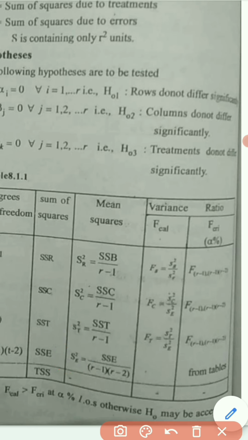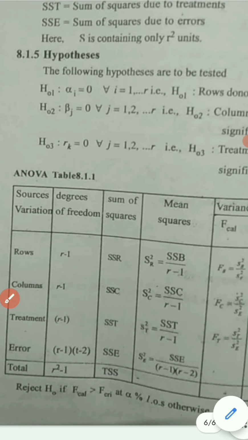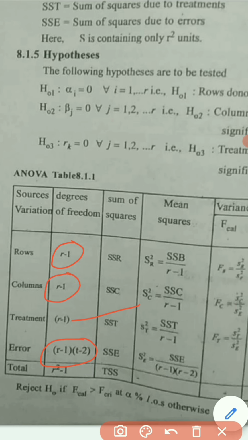Now, students, for the F critical value, it will be F of row degrees of freedom, comma, error degrees of freedom. Again F of column degrees of freedom with error degrees of freedom. Again F of treatment degrees of freedom with error degrees of freedom.